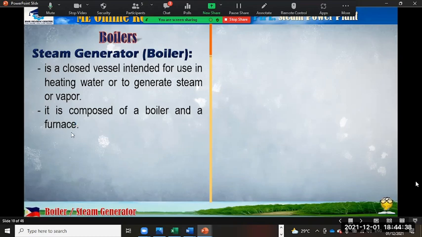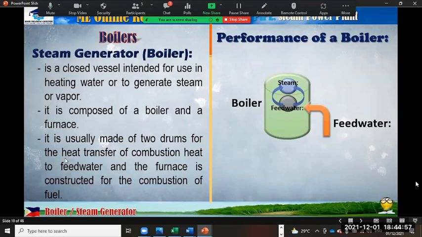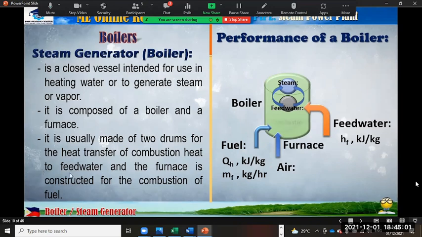The furnace houses the fuel, which could either be solid fuel or liquid fuel, and of course the air, and the combination of both leads to what is called combustion. It is usually made up of two drums for the heat transfer of combustion heat to feed water, and the furnace is constructed for the combustion of the fuel.